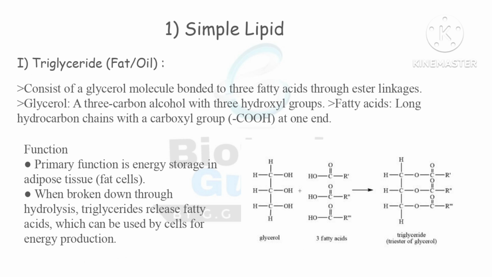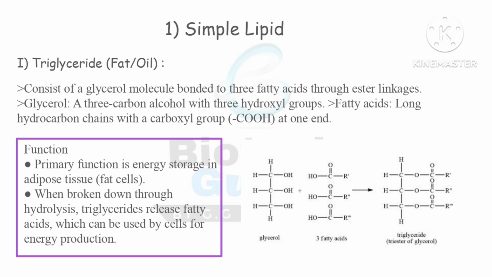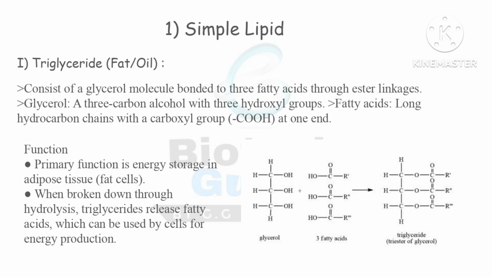So this is triglyceride formation, also known as the esterification process. Now what is the function? Basically energy storage and energy production are the two main functions. The primary function is energy storage in adipose tissue, and when broken down through hydrolysis, triglyceride releases fatty acids which can be used by cells for energy production.